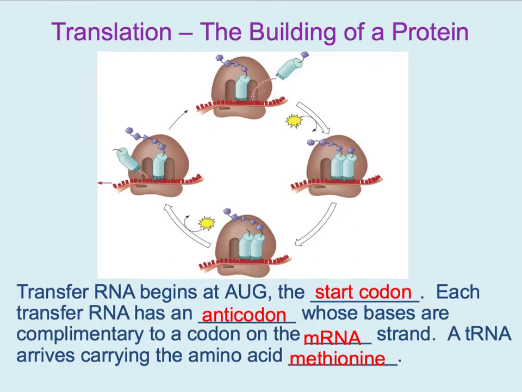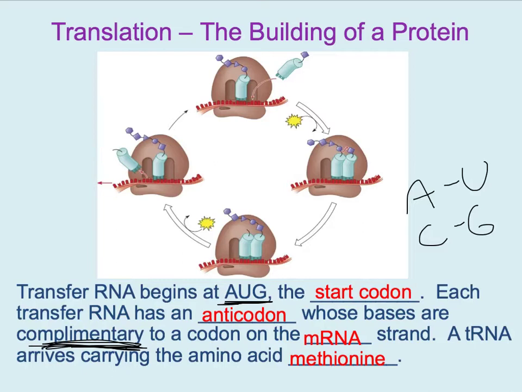Okay, so the building of the protein. Transfer RNA begins at AUG. Remember, that's the start codon, and that's always going to be the start codon. Each transfer RNA has an anticodon. Remember, that's at the very bottom of it, and the bases are complementary. Complementary bases means that, of course, in the RNA, A's will pair with U's, C's will pair with G's, and vice versa.